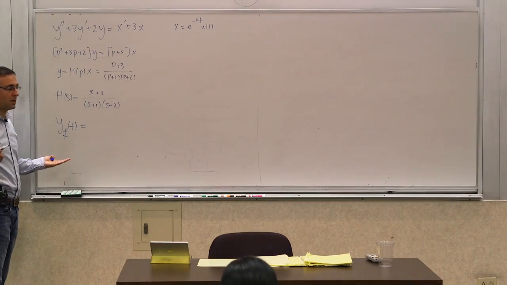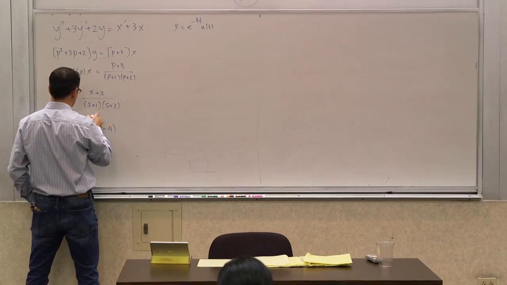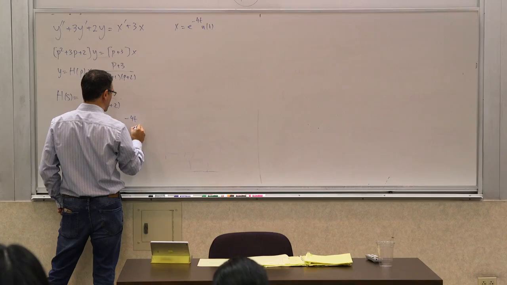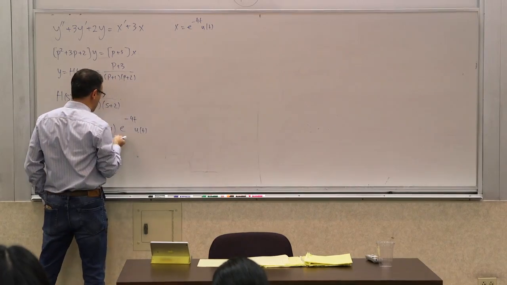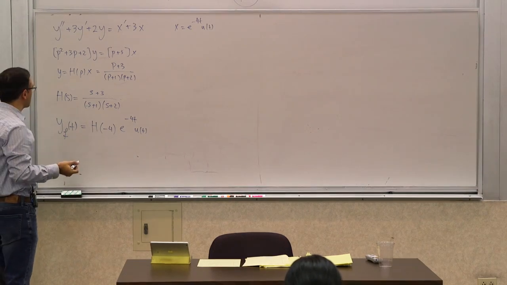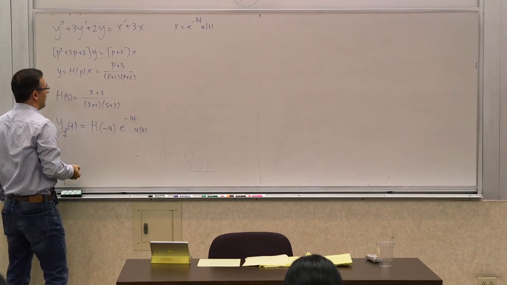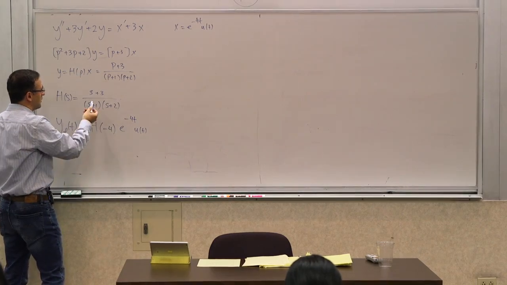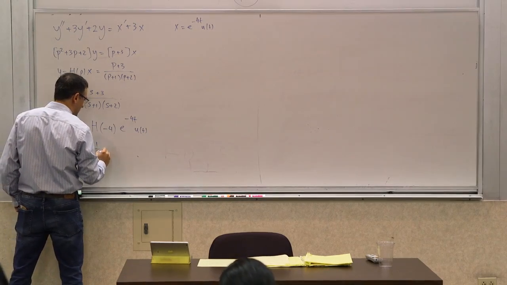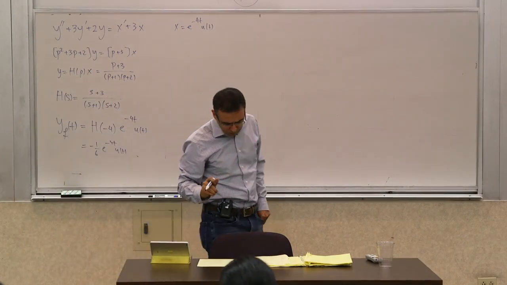You calculate H of negative 4 in this case, and then multiply it by e to the negative 4t u of t. That's your input. That gets multiplied by H of negative 4, which is negative 1 over negative 6, so 1/6. So it's 1/6 e to the negative 4t u of t. I believe that's what it is.